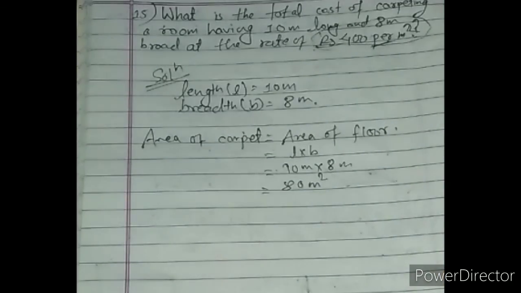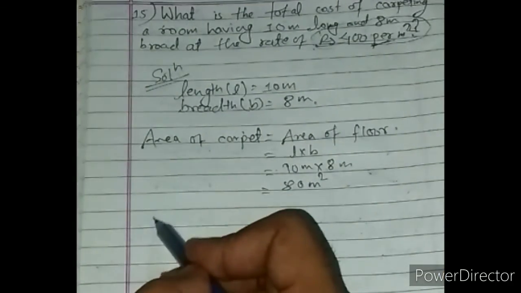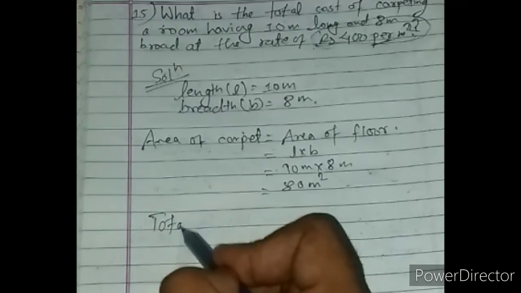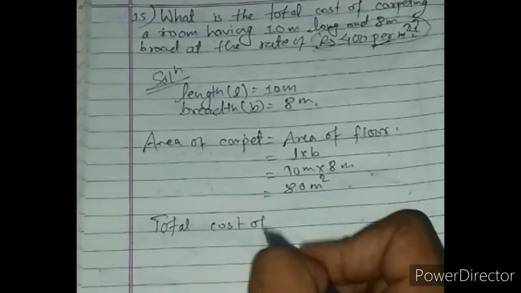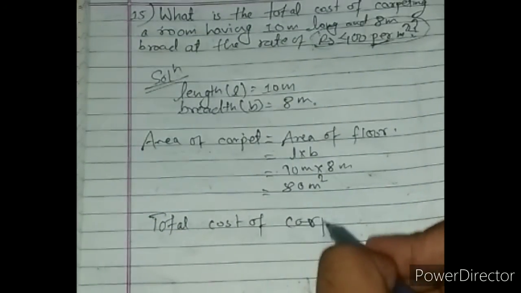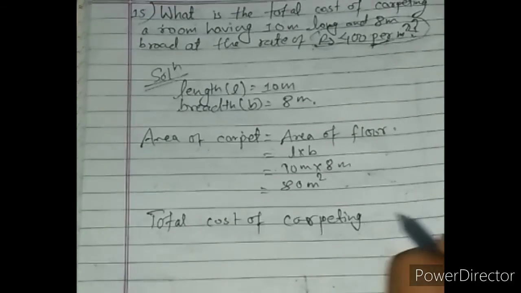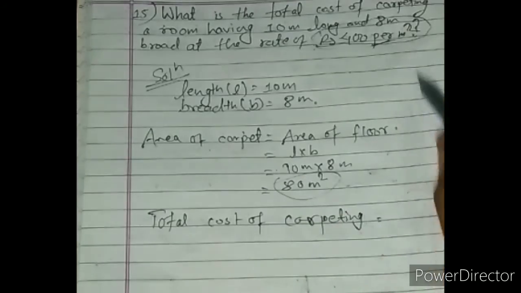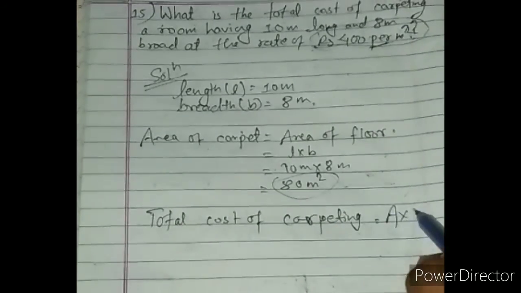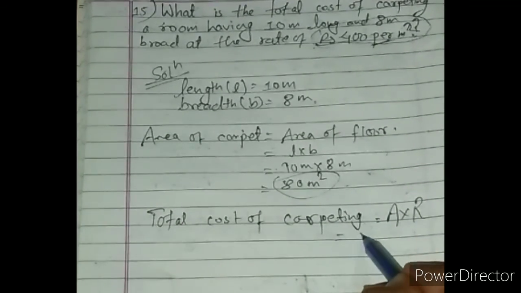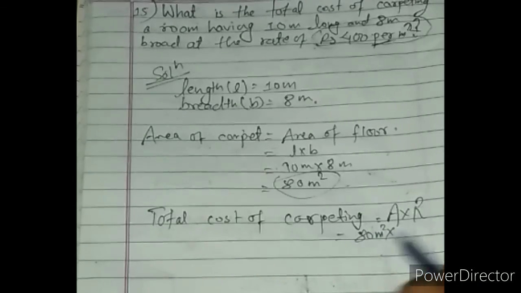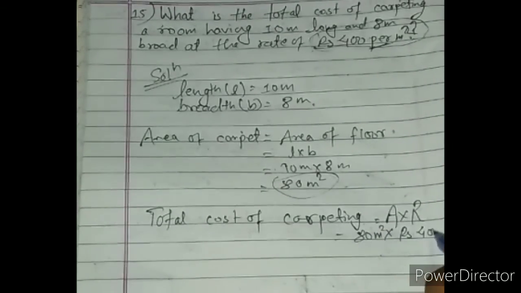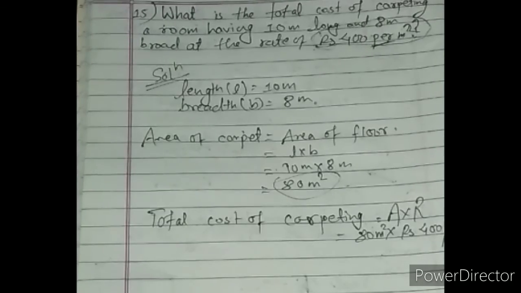Here area of carpet means area of floor, L into B, 10 into 8, 80 meter square is the area of carpet. Now after getting the area, you need to find the total cost of carpeting. How can we find the total cost? If area and rate are given, area into rate, 80 meter square into what is the rate? 400 per meter square.